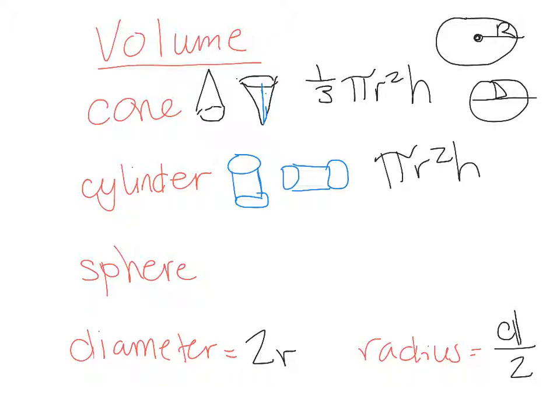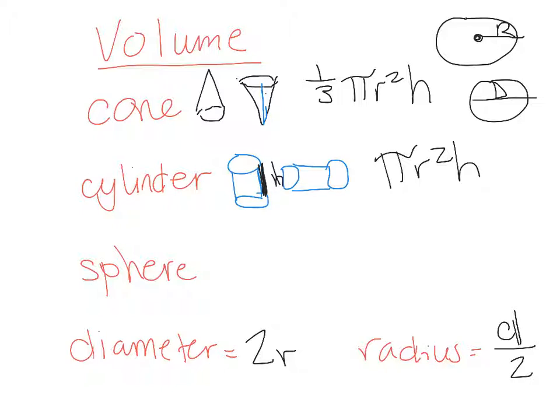The reason is that a cone is actually 1/3 the volume of a cylinder. I'll show you the proofs when we get to school. I have manipulatives that show why that is. Again, your radius is half of your diameter. Your height is whatever this is right here.